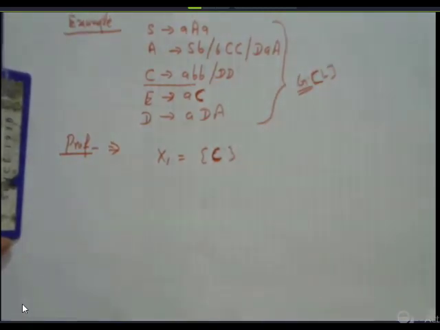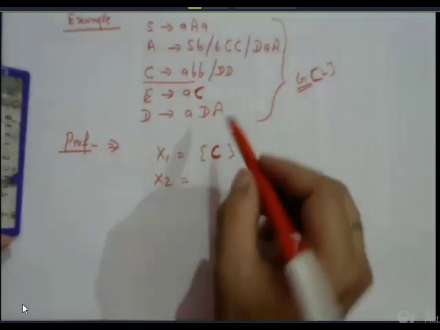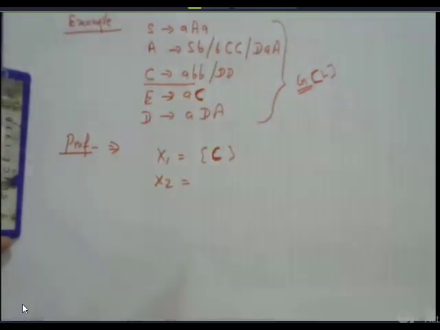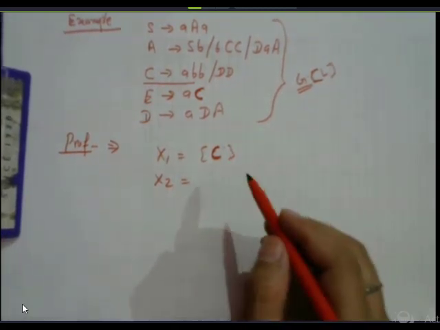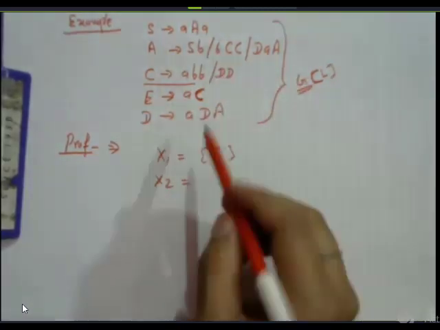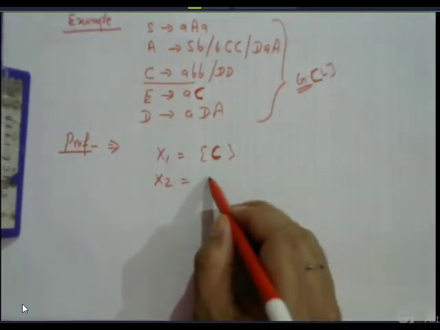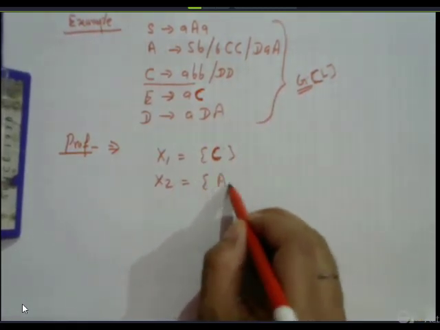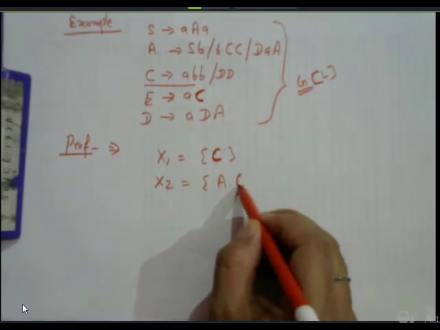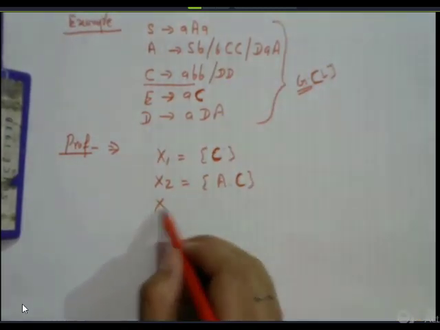Then X2. What is X2? X2 is the symbol that can generate C or some other variables. That symbol is S, that may be A, C or A. That is A and C, and again X3.